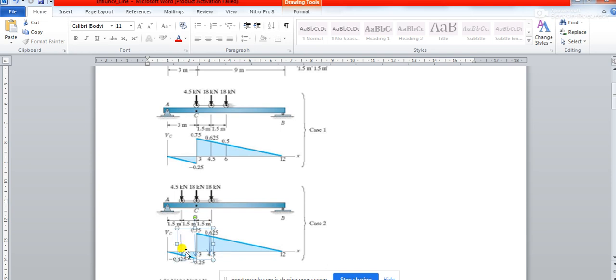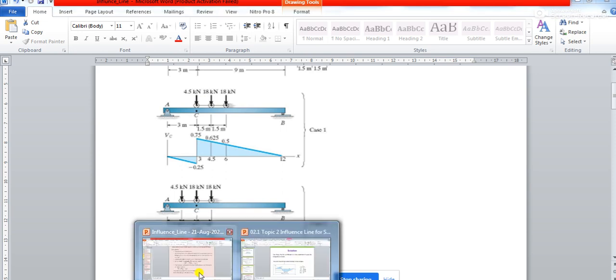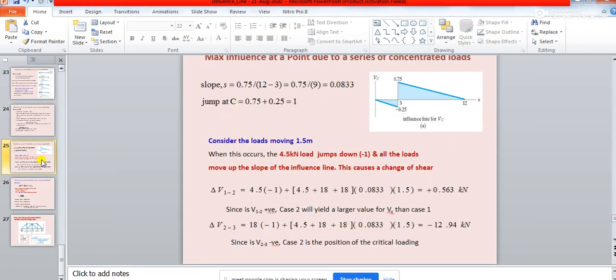It has traveled a distance of 1.5 meter. So x2 minus x1 is nothing but the distance between two loads, because it cannot move beyond that much distance. Okay, so once you get this value, you put the value over here. So it is going to be 4.5 multiplied by 0.0833, that is the slope, and x2 minus x1 in this case is 1.5.